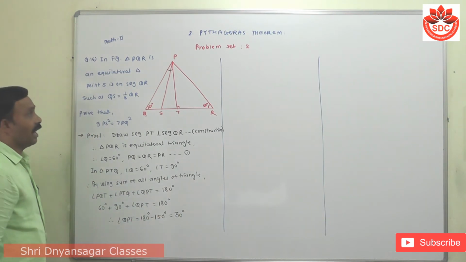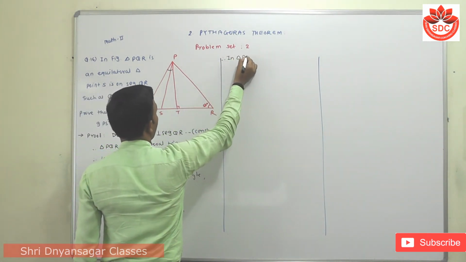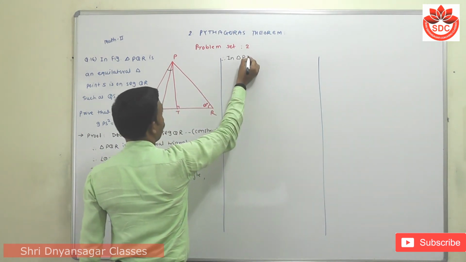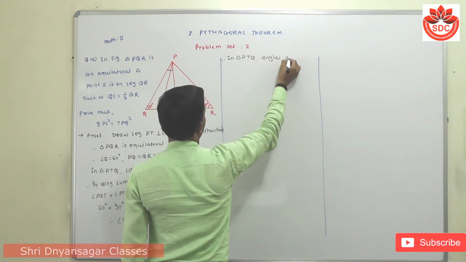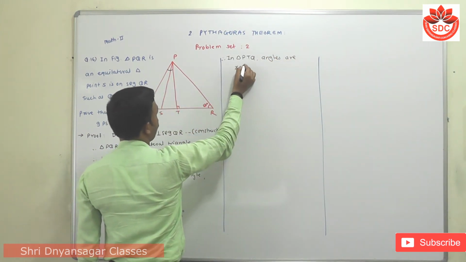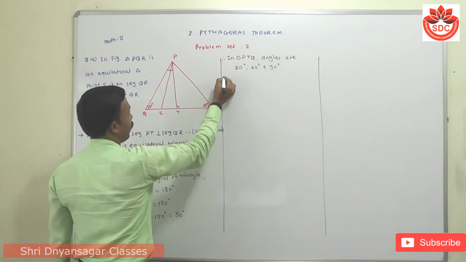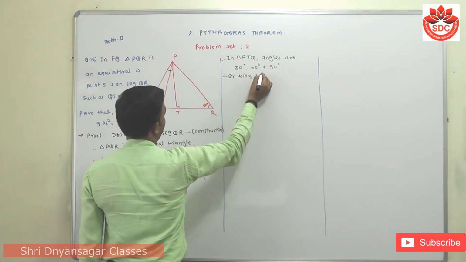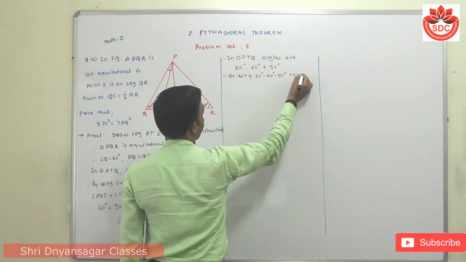Therefore in triangle PTQ, the angles are 30 degrees, 60 degrees and 90 degrees. Therefore by using the 30-60-90 degree theorem.